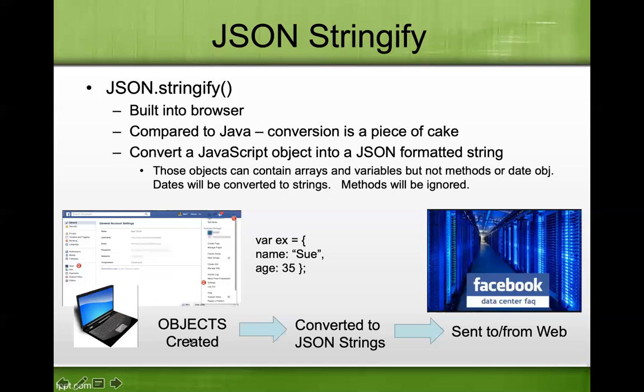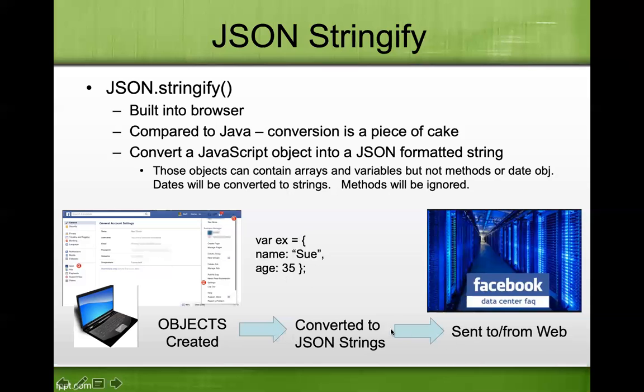But as soon as it needs to go out to the internet, like say you updated something or posted something, it's going to convert that information into a JSON string, and then send it to the web. And just so you know, an object basically looks like this. It has curly brackets for JavaScript, and it kind of looks like that, okay?